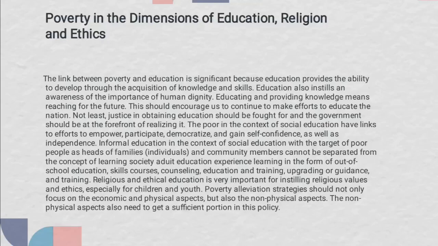Informal education in the context of social education, with the target of poor people as heads of families, individuals, and community members, cannot be separated from the concept of learning society. Adult education experience learning in the form of out-of-school education, skill courses, counseling, education and training, upgrading, or guidance and training.